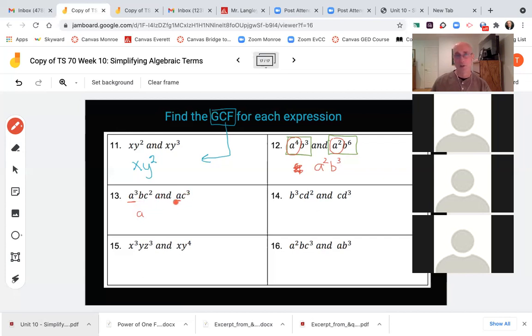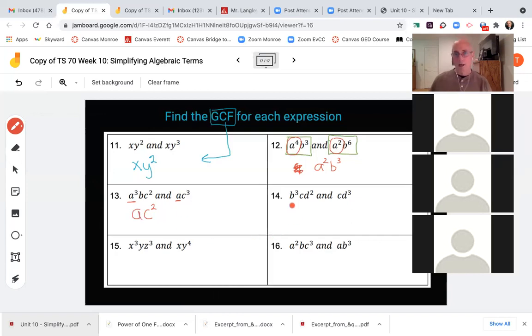It's not common to both of these expressions. C squared and c to the third. So I've got a c squared. Sorry, got a little carried away with that c there. But it would be a c squared, okay, guys? A c squared. That's what they have in common.